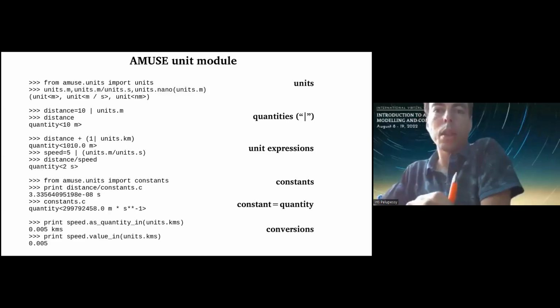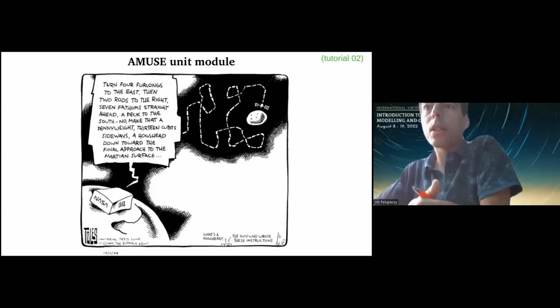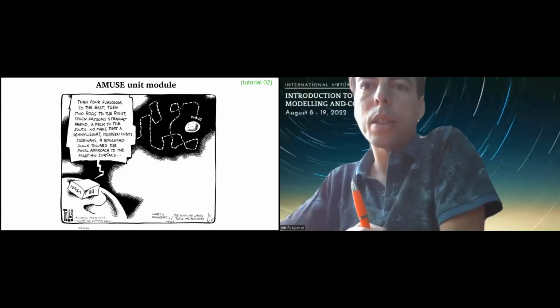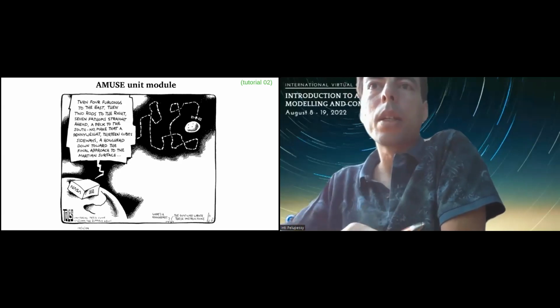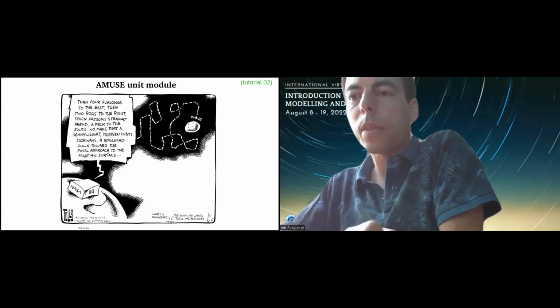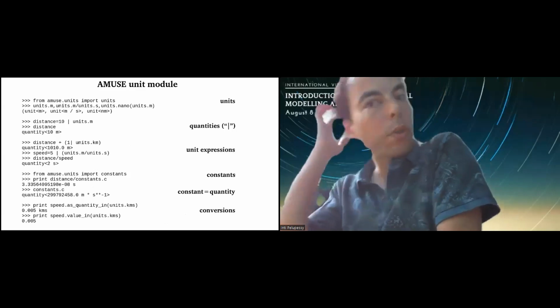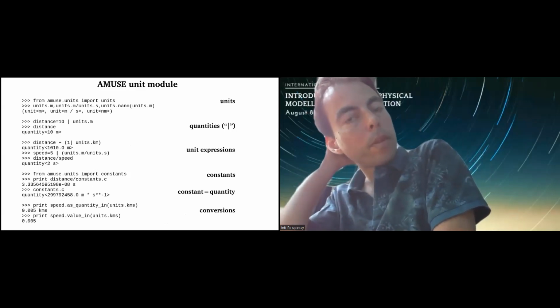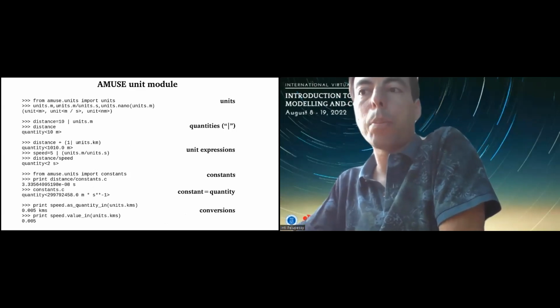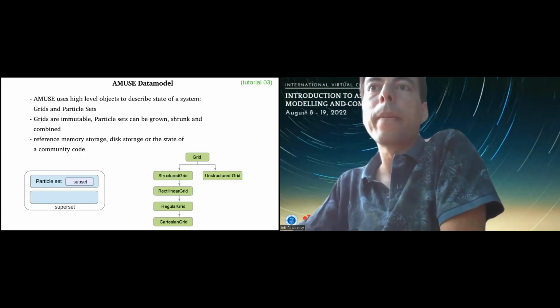That is what the little cartoon here alludes to, because you might remember that NASA lost an orbiter around Mars due to a unit conversion error. So we try to prevent unit conversion errors by having the units module and by imposing the use of units.